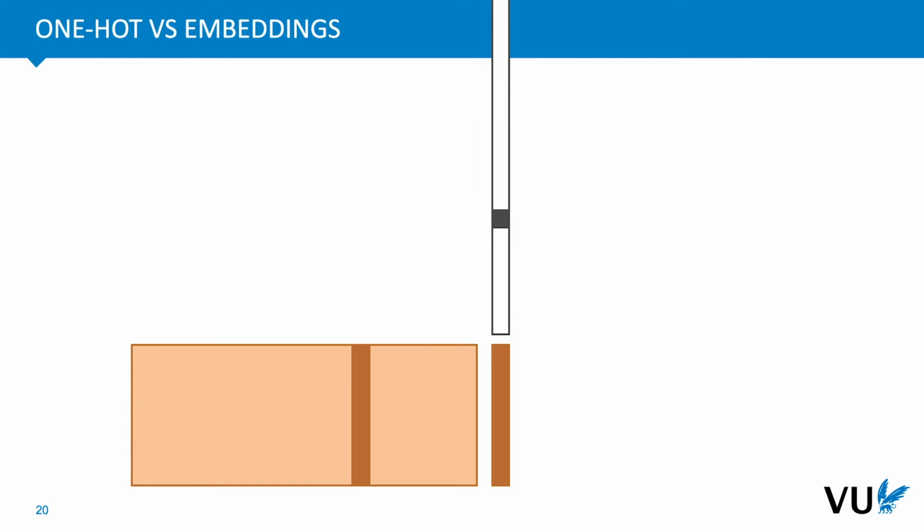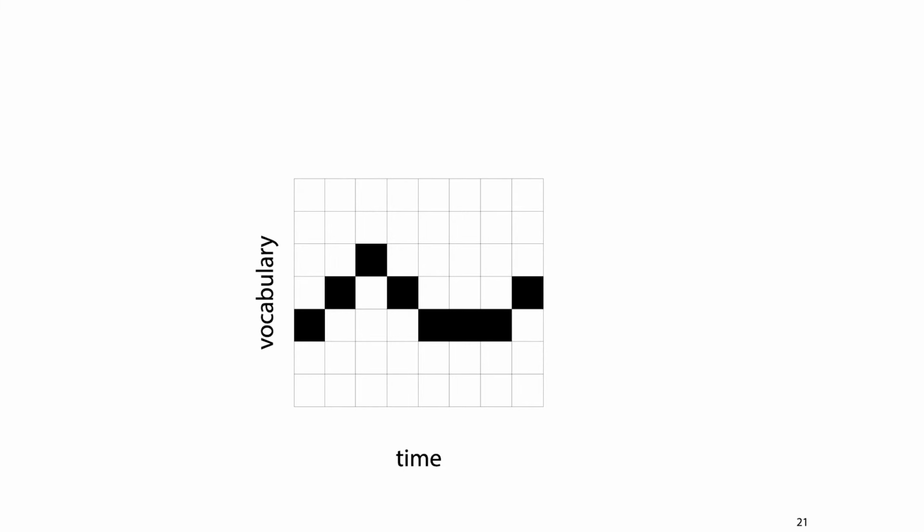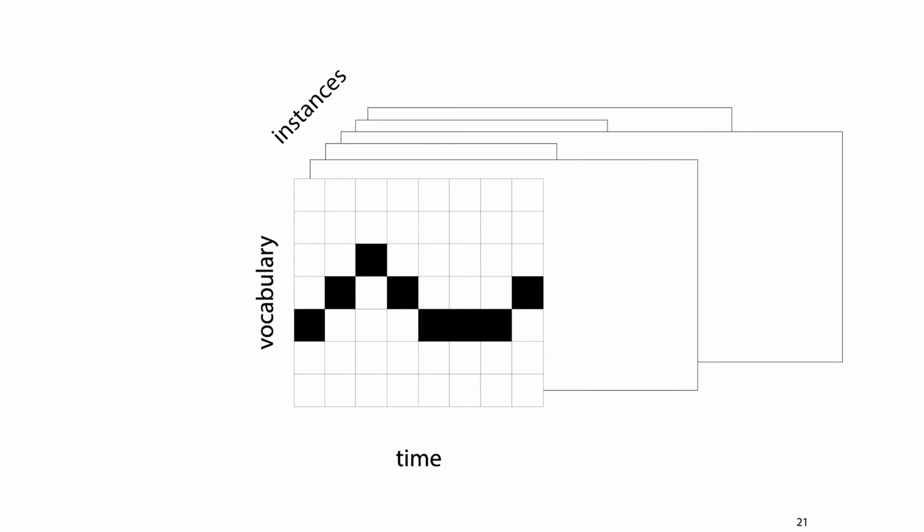In any case, after we've chosen a vector representation for our symbolic sequence, we might end up with something like this, where we essentially concatenate all the vectors into a matrix. So this is beginning to look very similar to the way we normally represent data in a tensor-based system, with one exception, namely that if we look at the set of all instances, they will all have different lengths.